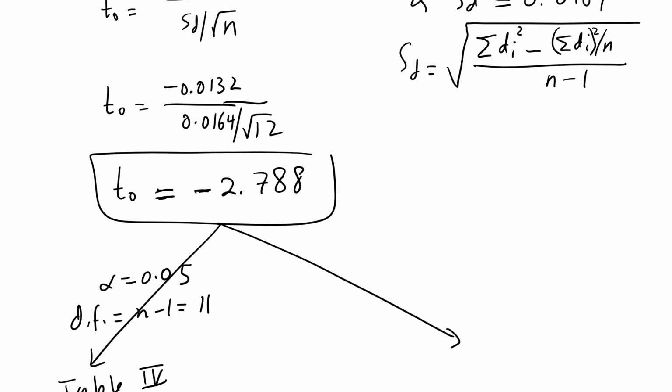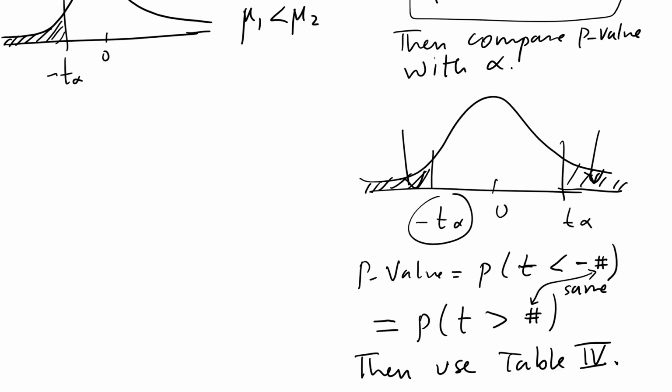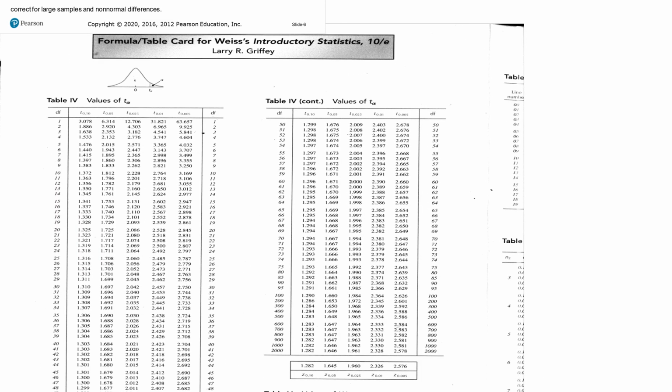So we have 0.05. This is table 4, 0.05, and degrees of freedom 11. If you go across 11, and down, they overlap here.